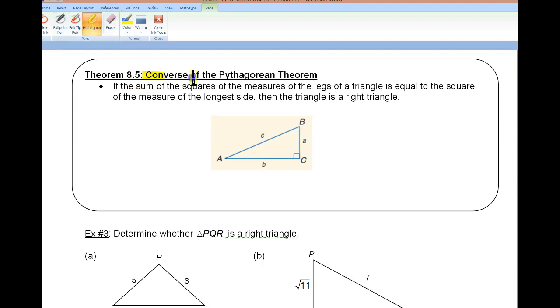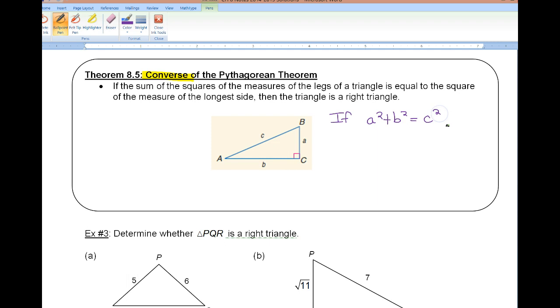Good? Okay, so the converse. Basically, the converse says if a squared plus b squared equals c squared is true, then it's a right triangle.